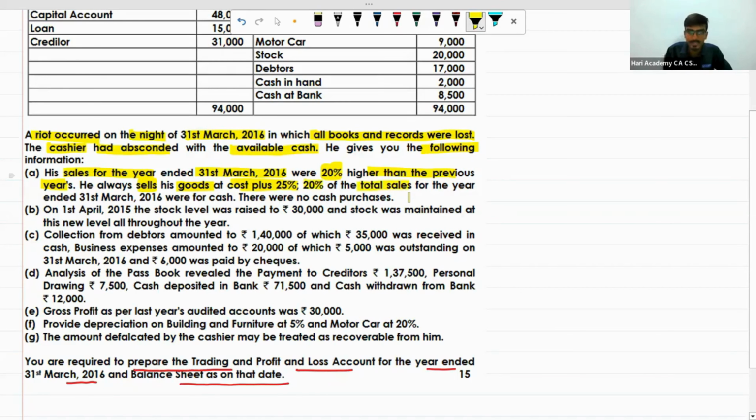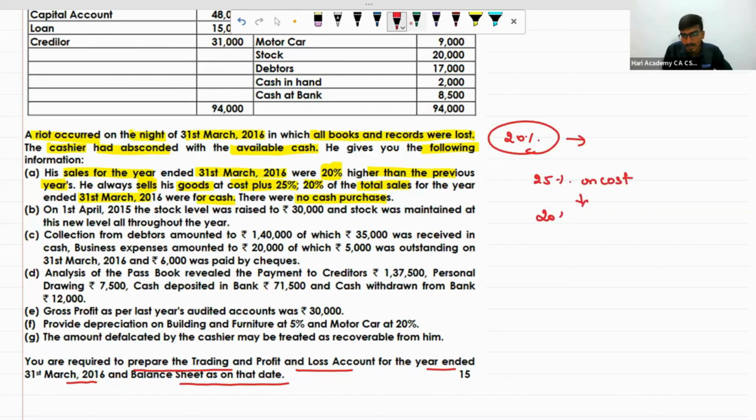From this, what we will be able to interpret is 20% higher. Next point, it is 25% on cost. It means how much on sales? 20% on sales. Correct, which is how we discussed it as a working of the total sales.